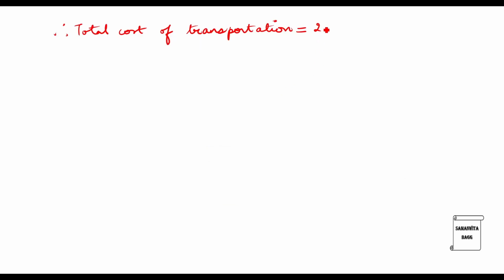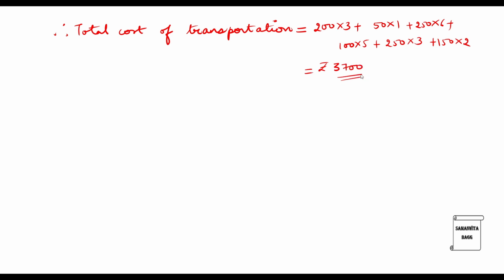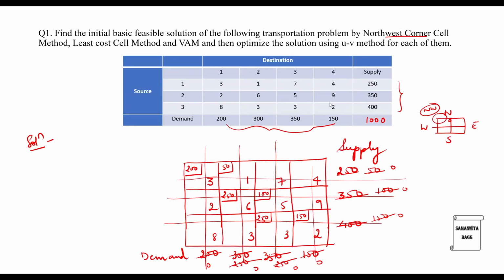So I will write here, it is 200 into 3. This value sums up to rupees 3700. So this is the initial basic feasible solution for this problem using northwest corner cell method.